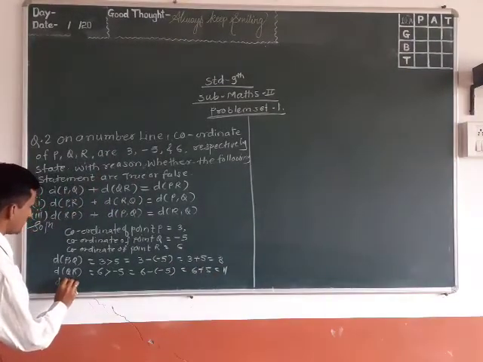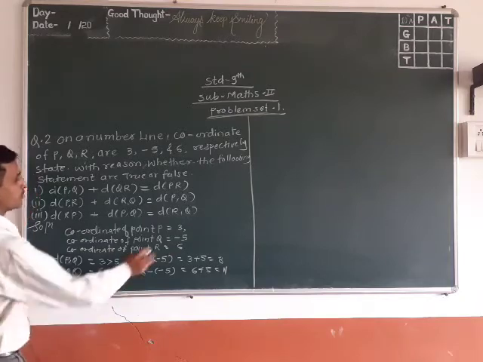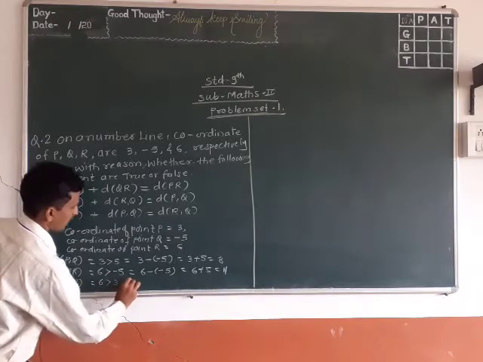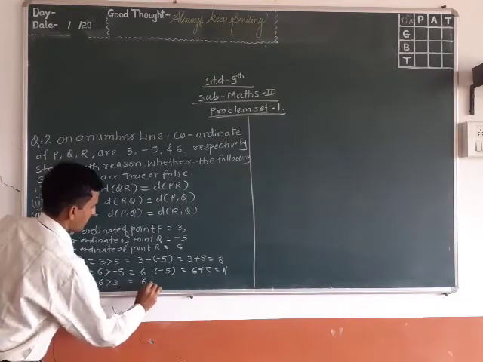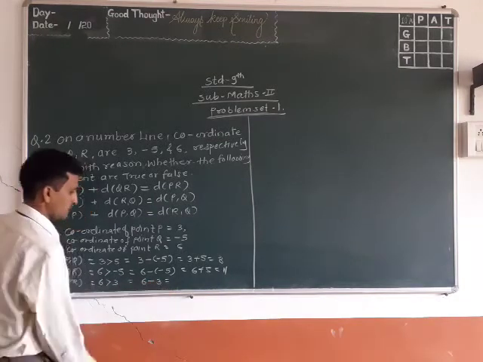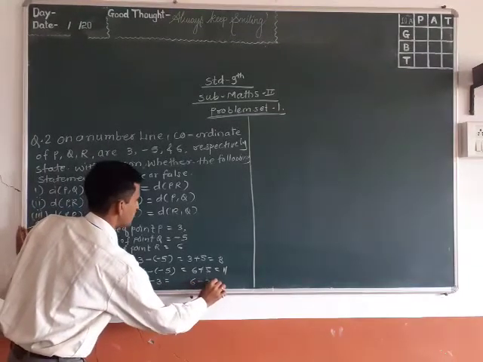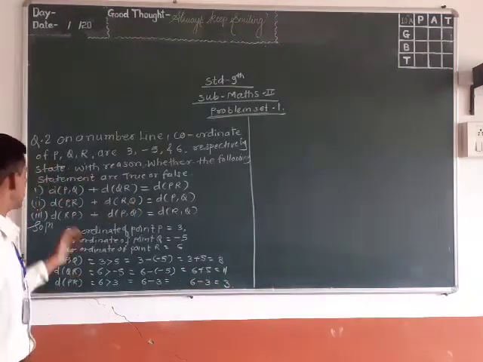Distance PR: 6 is the greater and 3 is the smaller coordinate, so 6 minus 3 is equal to 3.